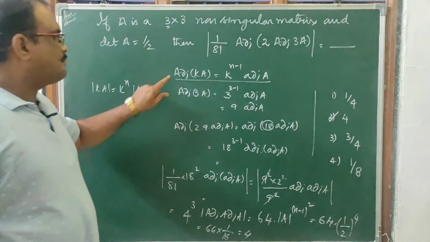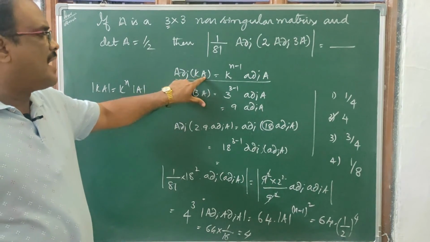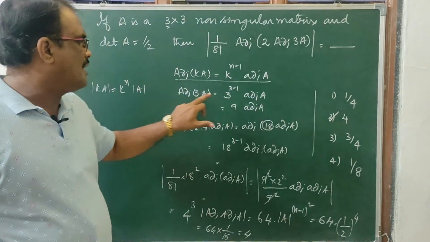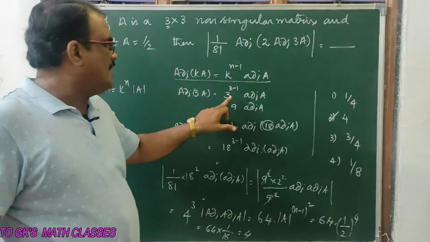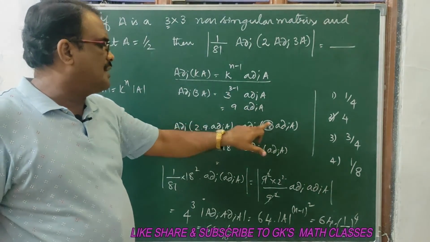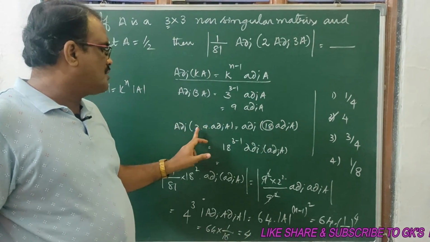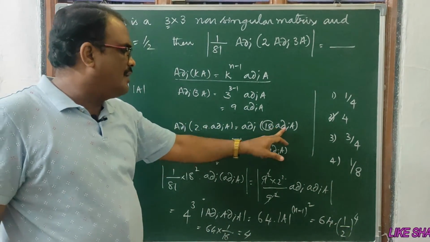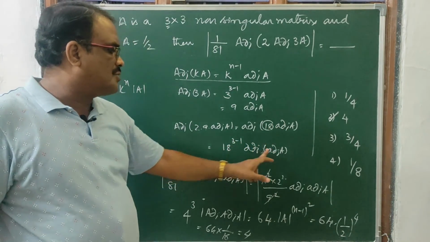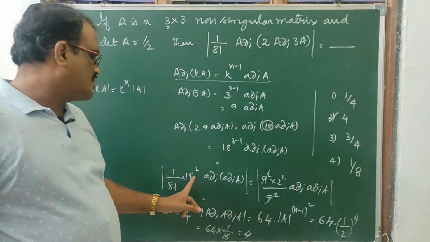Observe carefully. Adjoint KA is K power n minus 1 into adjoint A. Once 3 is taken, n means the n by n matrix, we get 9 adjoint A. So 2 nines are 18. Again you have to take KA, K power n minus 1, adjoint of adjoint A square.